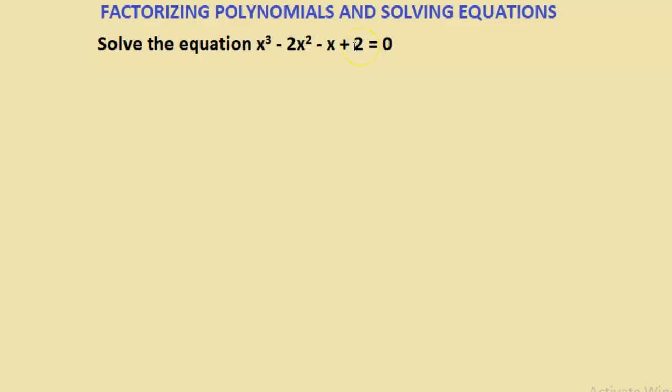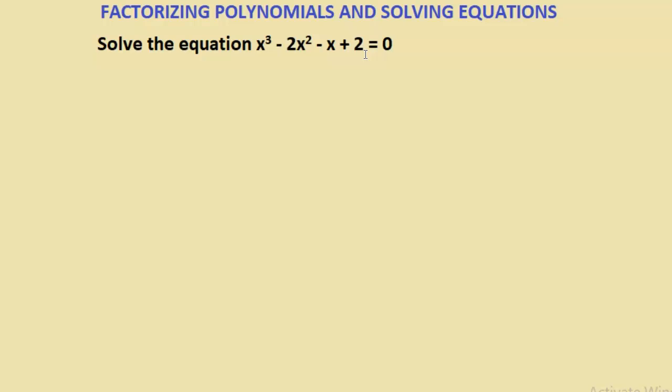So for example, you wouldn't try 5 or 3, or any number larger than 2. You want whatever you try to be a factor of the constant. So here there are just 4 possibilities. You can try 1, 2, or the negative of those, -1 and -2.